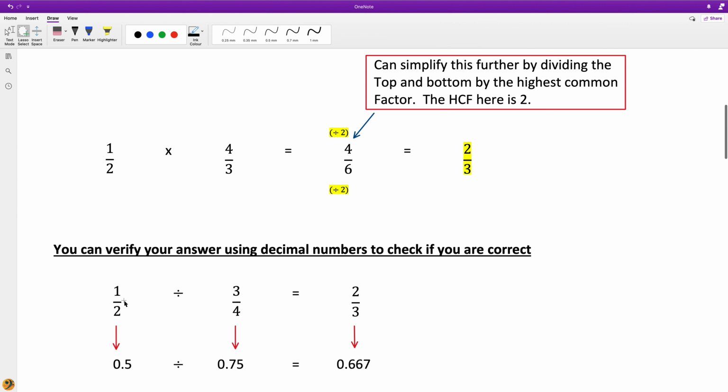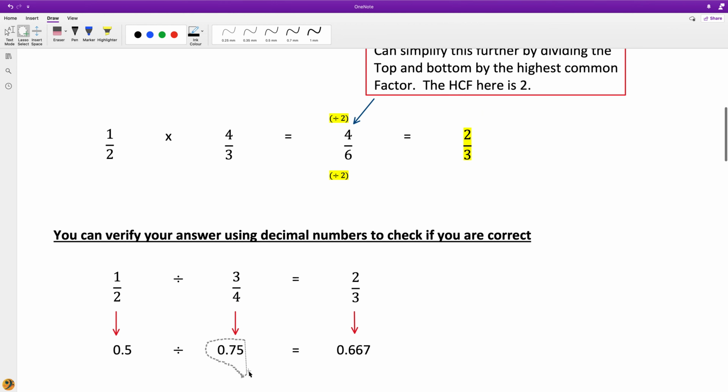The fraction symbol is just telling you it's a division, it means divide. So 1 divided by 2 on your calculator gives 0.5. 3/4, which is 3 divided by 4, gives you 0.75. And then our final answer, which we come up with here, was 2/3.